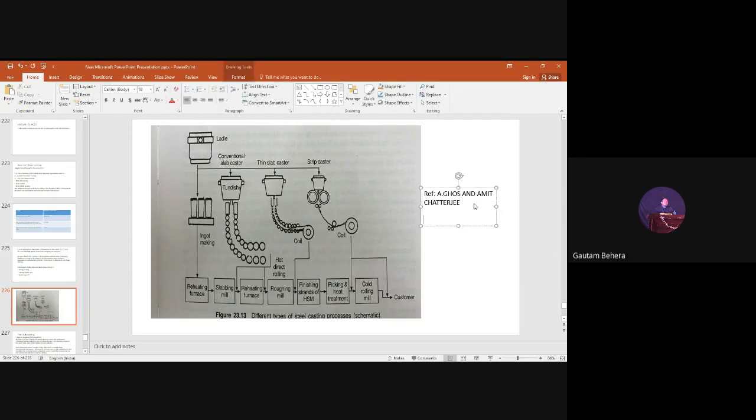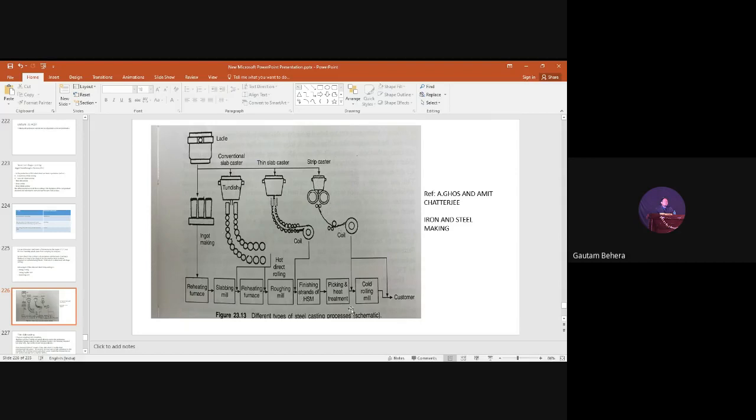You can see this is a very nice figure showing different types of continuous casting, as well as the most conventional casting, that is ingot casting. This part is showing ingot casting, which is the earlier route to get a cast product, this part is showing the conventional continuous casting, that is conventional slab casting, this part is showing thin slab casting, and this part is showing the direct strip casting.